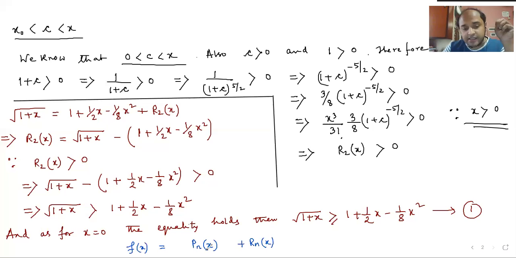So f(x) is actually being approximated by a polynomial Pn(x) with a remainder term Rn(x) present over here. So this particular result is very important in numerical analysis.